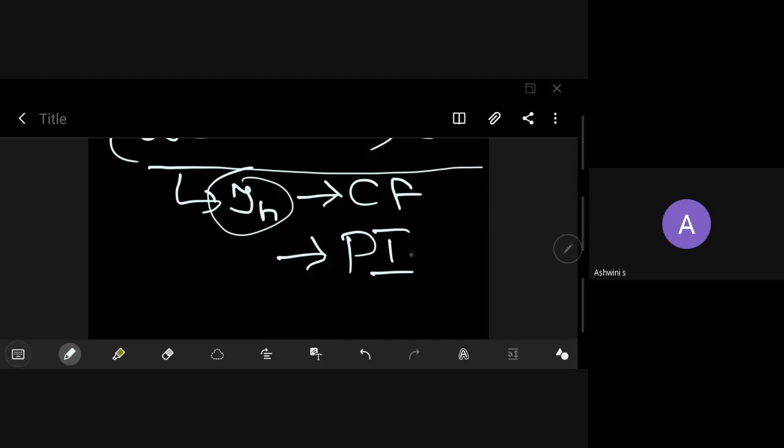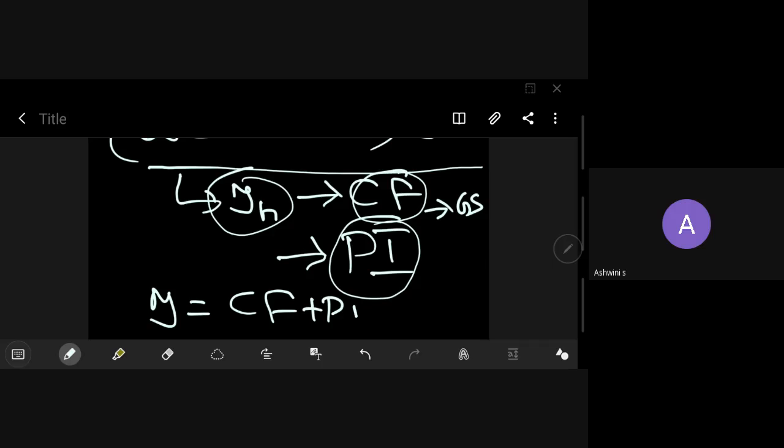Integral or solution are one and the same, I told. Because we are dealing with a non-homogeneous equation, we need a particular integral or particular solution. CF is the general solution of the homogeneous equation. So the general solution of the non-homogeneous equation for y is CF plus PI.